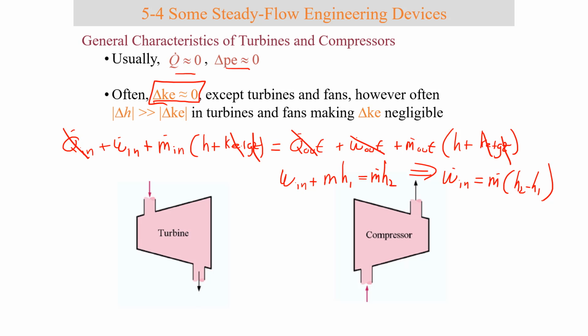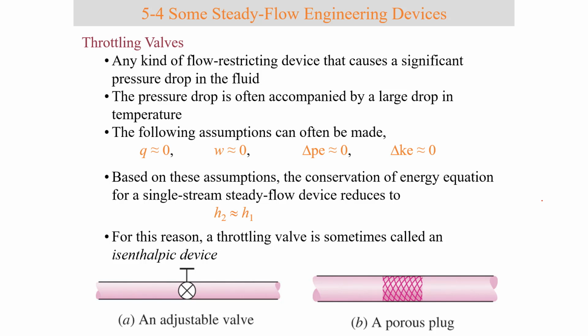Let's now look at what's called a throttling valve. What is a throttling valve? A throttling valve is a kind of flow restricting device that causes a significant pressure drop in the fluid. The pressure drop is often accompanied by a large drop in temperature.